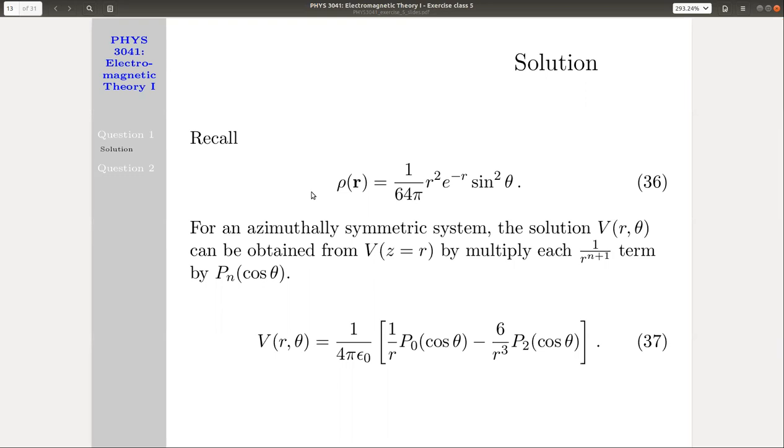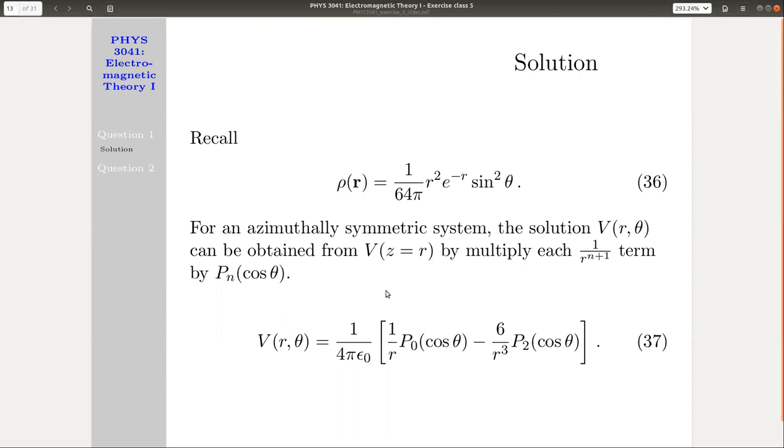Whenever you have a system which is azimuthally symmetric, then you can obtain the more general solution of the potential from the potential along the z-axis by simply multiplying each 1 over r to the power n plus 1 term by the corresponding Legendre polynomial.